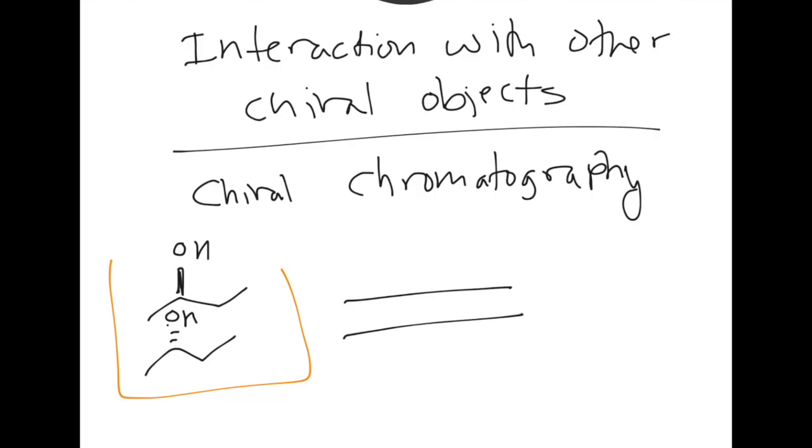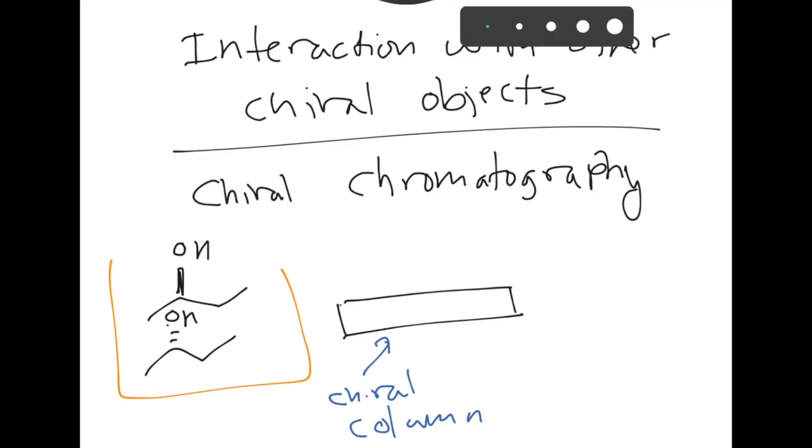It's a terrible drawing, but you'll have to deal. You'll have a tube, for lack of a better word, that has a chiral molecule in it, right? That has chiral molecules stuck in it, usually like a sugar.